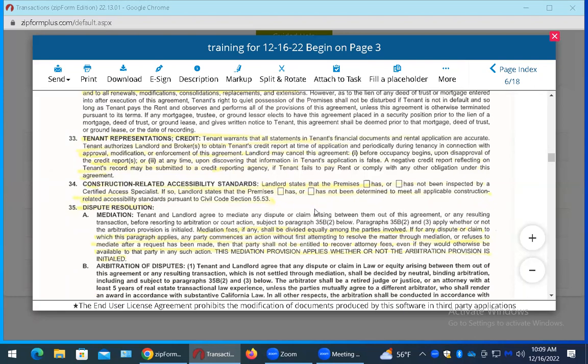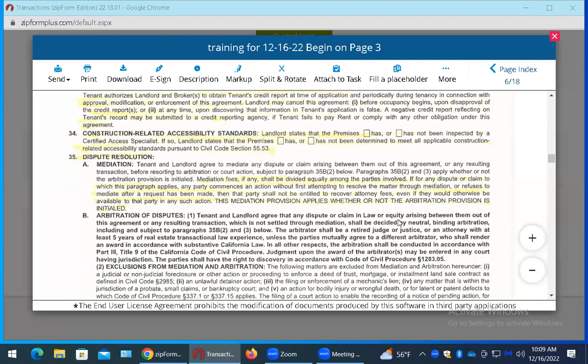And if it has, then the premises has or has not been determined to meet all applicable construction related accessibility standards. There's also a disclosure on this that will roll in next, but on number 34, it's usually checked has not been inspected by CASp. So just pay attention to block number 34, and be speaking to your landlord about that as well. And there is a disclosure on it that I'll show you at the end of this.